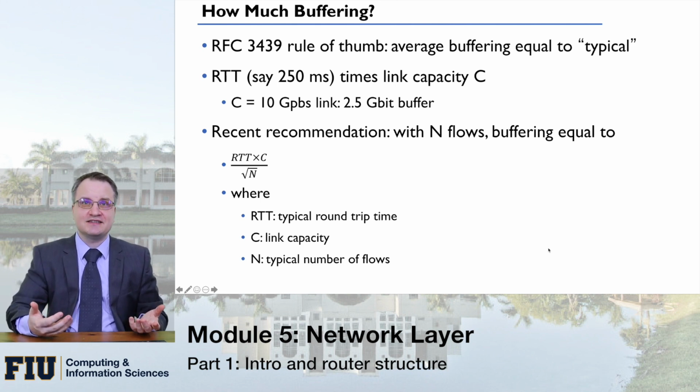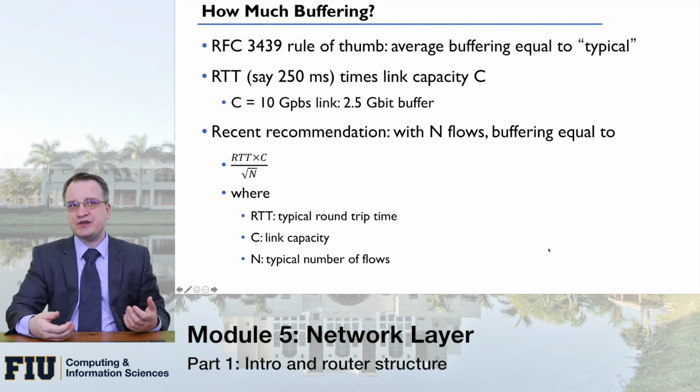They try to give you a formula: if you have a link capacity, and an estimated round trip time, which is basically a rule of thumb, like 250 milliseconds, assuming most of the traffic you send is across the Atlantic, and you estimate to support N number of flows.